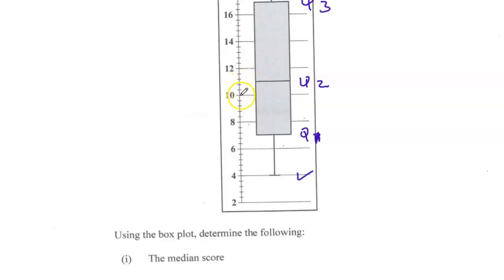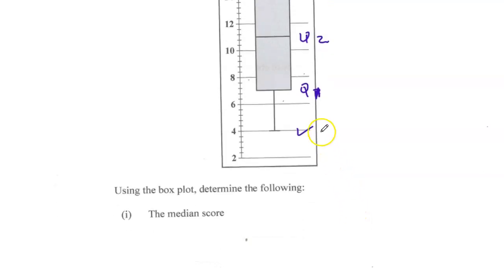So 10.4, 10.8, 11.2, 11.6, 12. Notice it's between the 10.8 and the 11.2. So I would say that's 11. So I would say Q2 is 11.